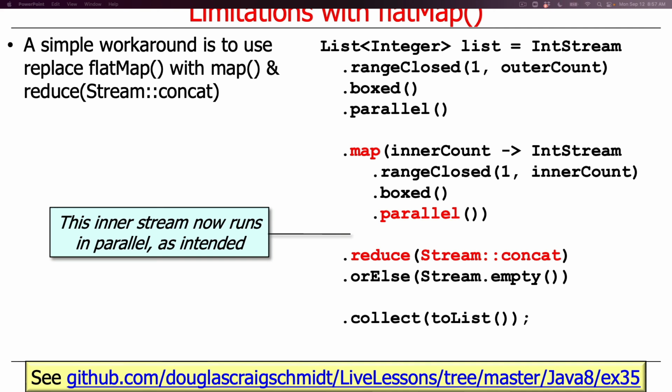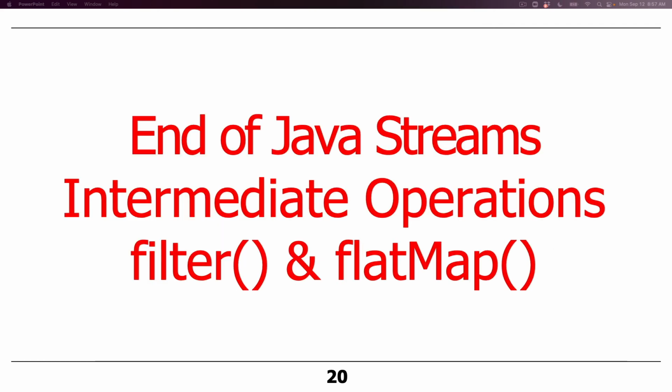So it's very quirky, but very interesting. I won't spend a lot of time on this example because we're about to walk through the code, but I want you to see the high-level view in case you happen to watch this video by itself, to understand that flatMap doesn't work in parallel streams, but you can solve the problem by a clever combination of map and reduce with stream concat. OK, so that's the overview of filter and flatMap.